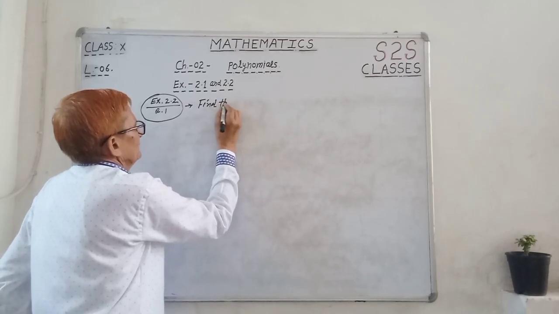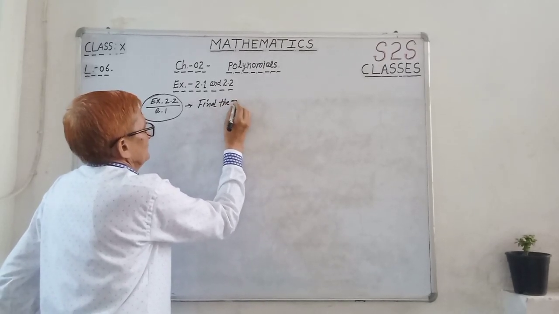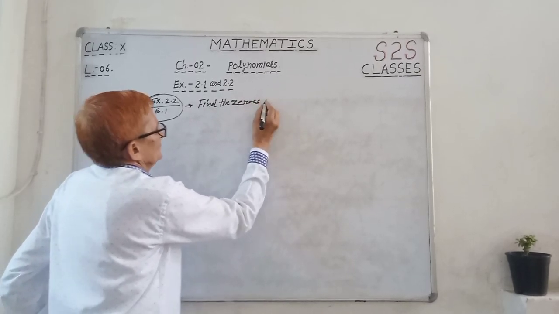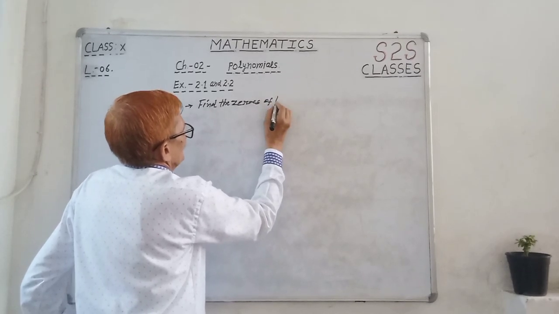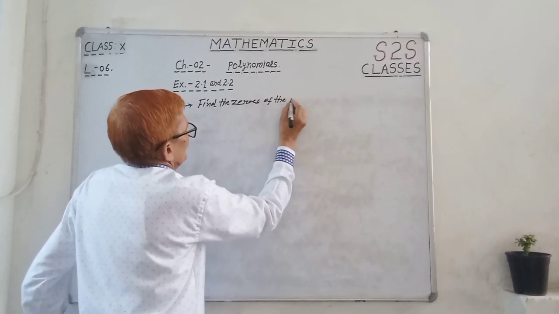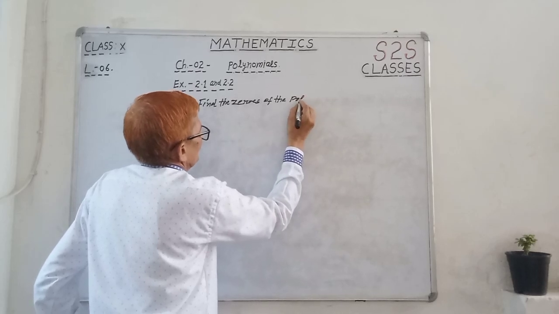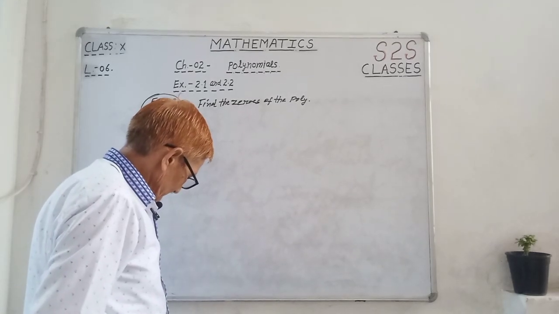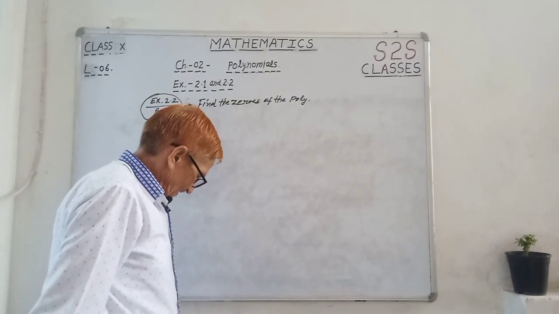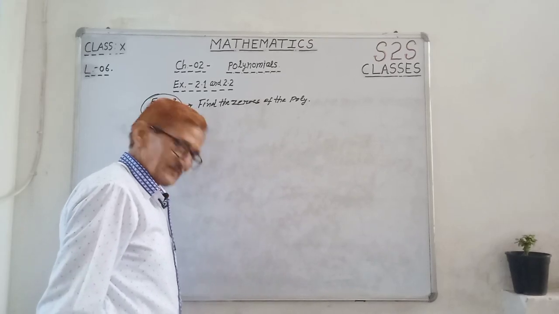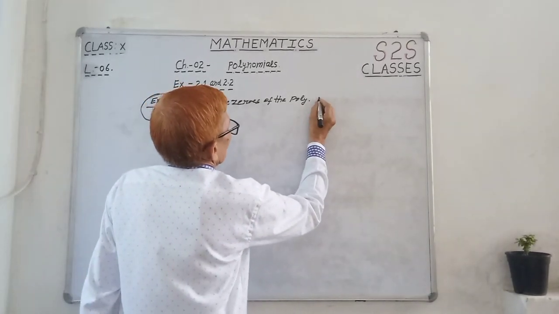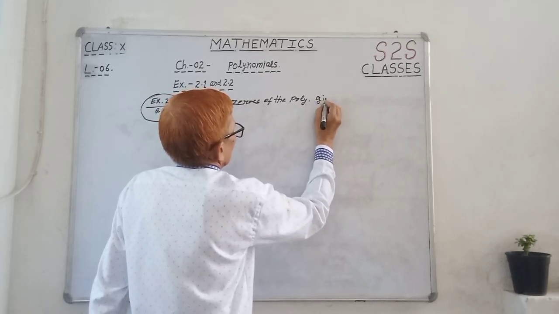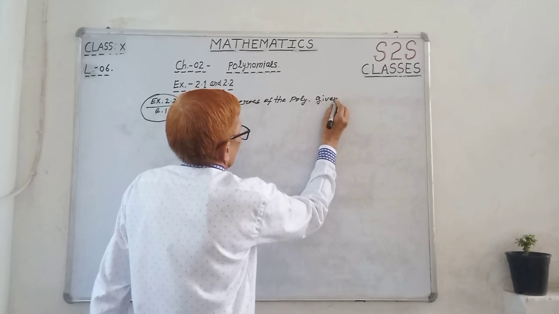Find the zeros of the polynomial and verify the relationship of the polynomial given below.